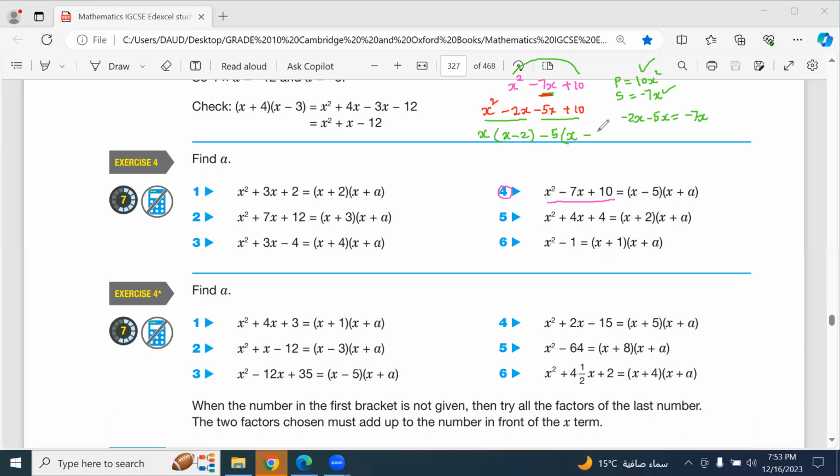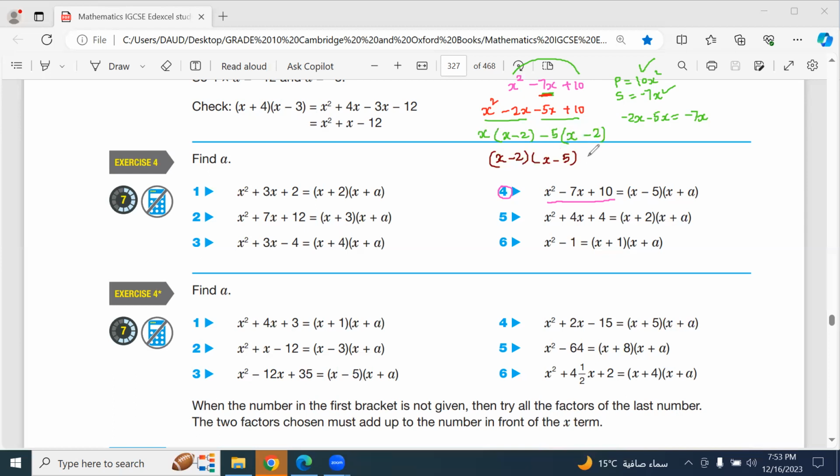If it is positive, we write negative 5 multiplied to x minus 2. On the whole expression of the left hand side, x minus 2 comes two times, so we can say x minus 2 times x minus 5.